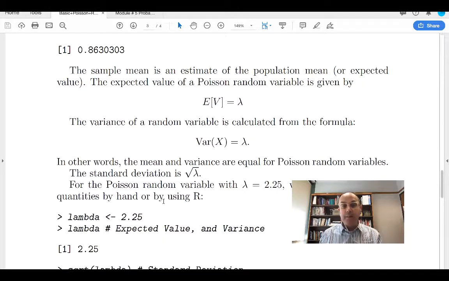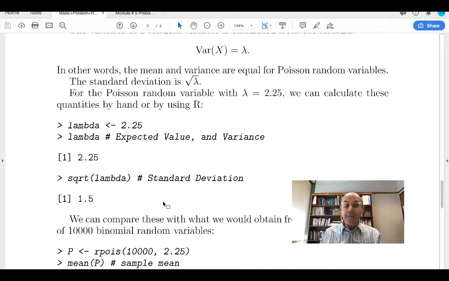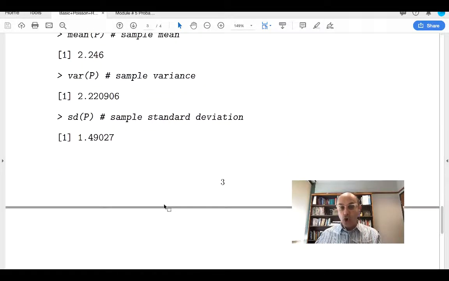In other words, the mean and the variance are equal in a Poisson random variable, which is the standard deviation of lambda, and the Poisson random variable with lambda equal to 2.25 can be calculated by hand, or with the use of R, in order for us to find the standard deviation, and so forth.